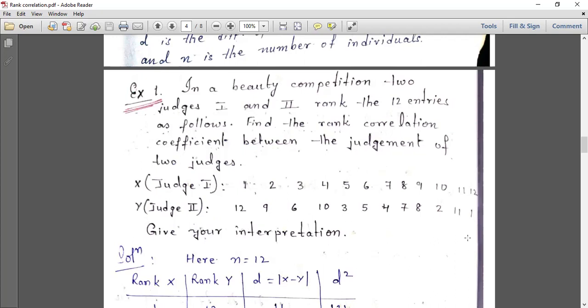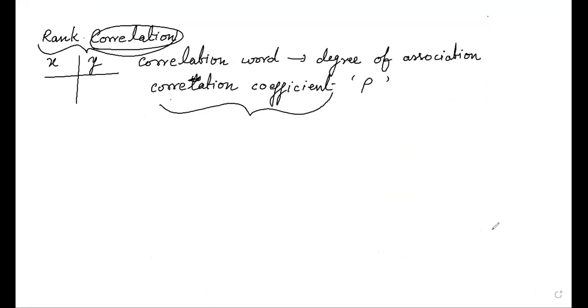Let me go to the whiteboard. I'm clearing the previous part. There are two judges.